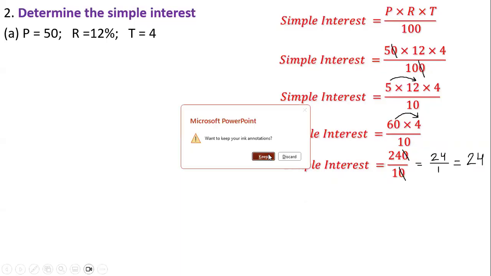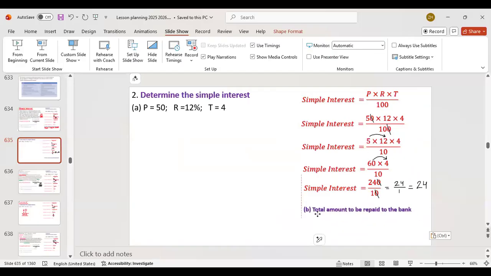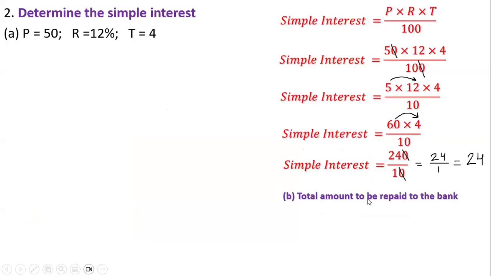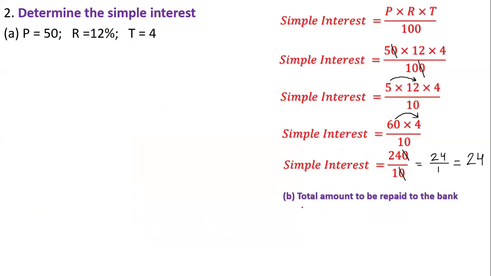My question is now, what is the total amount that needs to be repaid to the bank? Remember this person said 74. How did you get 74? 50 plus 24. Very good. We add the principal plus the interest. So it's going to be 50, which is the principal.